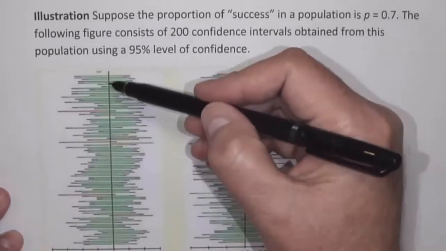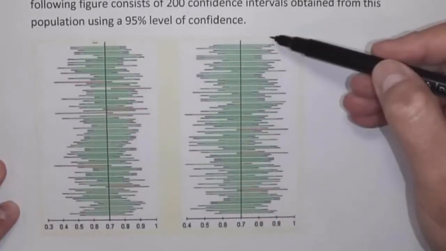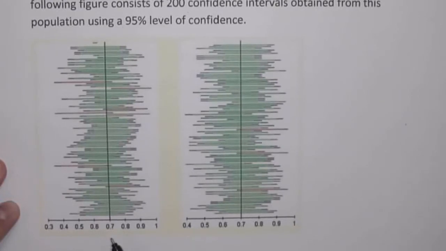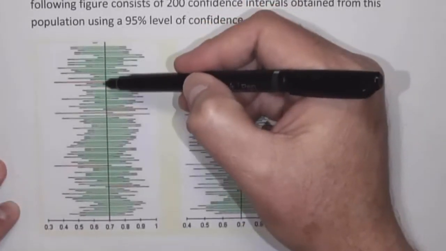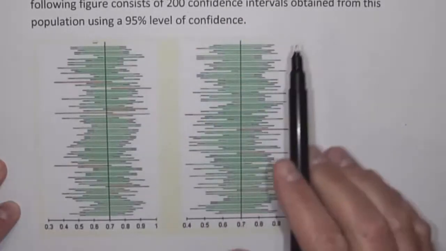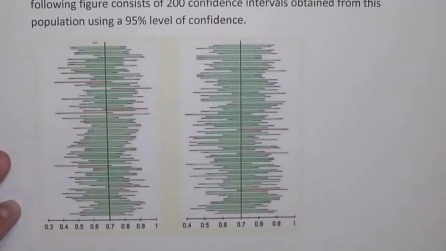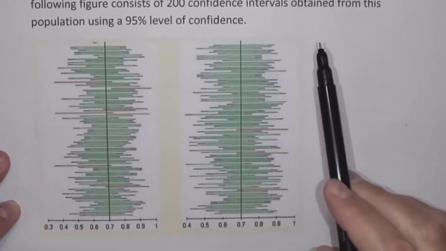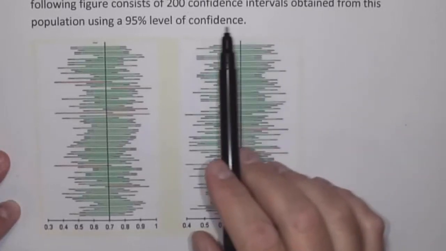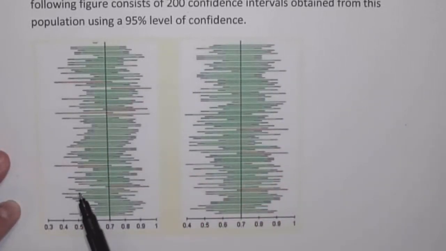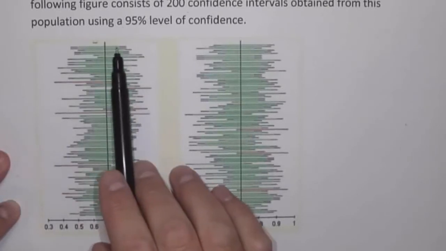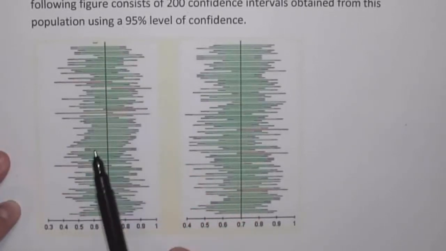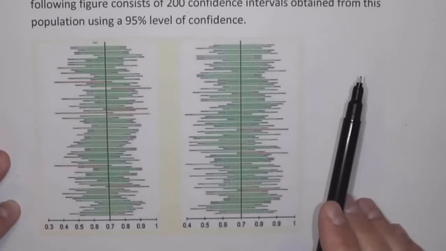This vertical line that you see here represents the true parameter, the 0.7. From this population, if we were to take 200 different randomly selected samples, calculate the point estimate p hat, and use that to calculate a confidence interval, then each one of these horizontal lines represents a confidence interval.